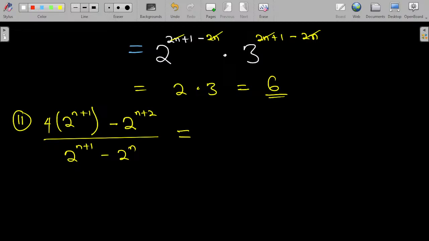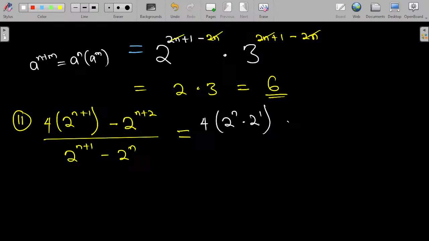First of all, we will need to interpret what we have. a to the power of n plus m is the same thing as a to the power of n times a to the power of m. We saw that in exercise 1. So I can split this one to give me 4 into 2 to the power of n times 2 to the power of 1.